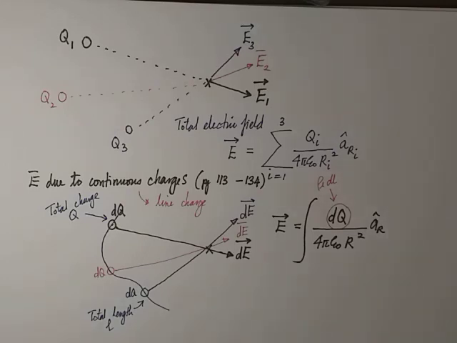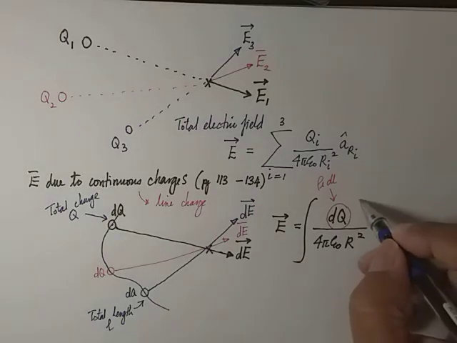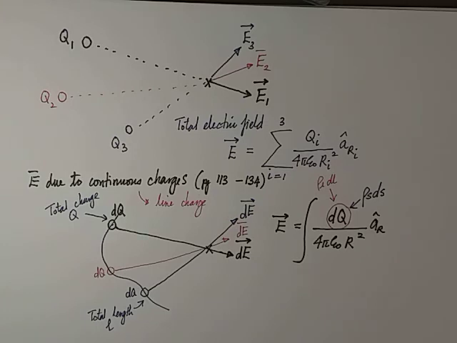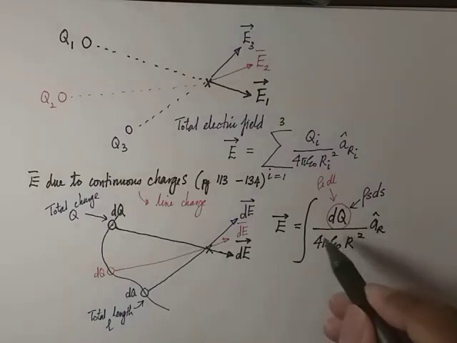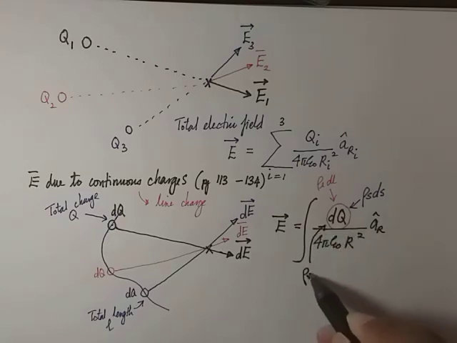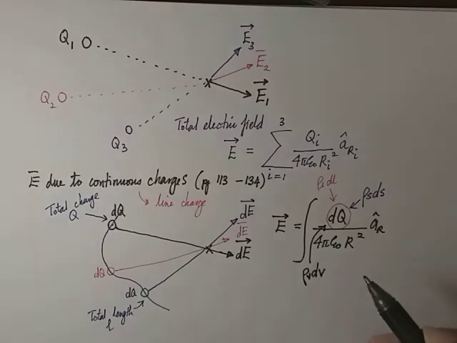If you are dealing with surface charge, what's going to be the difference now? Yes, the dq now needs to be replaced with the symbol rho s ds. Okay, and now the problem becomes more complicated because it's a double integration. And finally, if we are dealing with volume charge, the dq needs to be replaced with what we know as rho v dv, and this is a challenge for us to solve because we are now dealing with triple integration.